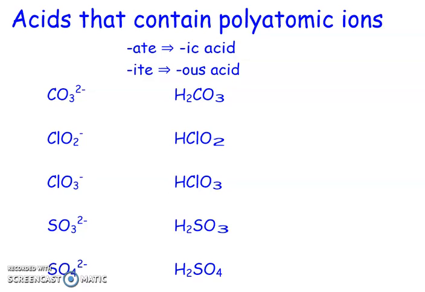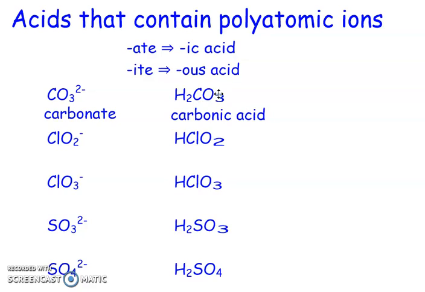So CO3 2- is the carbonate polyatomic ion. The ate turns to ic acid. So that is going to be, as an acid, carbonic acid. Ditching the ate, changing it to ic acid. There's 2 hydrogens in this acid because the CO3 has a -2 charge.